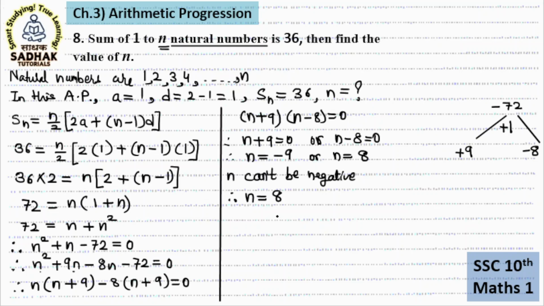So that is the answer. So the value of n is equal to 8. So in this AP there are 8 terms, and the sum of all these 8 terms is 36. So that is the answer of question number 8.